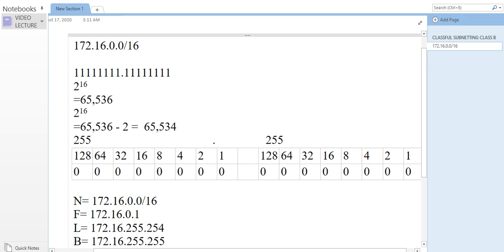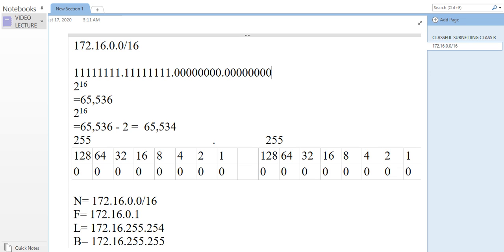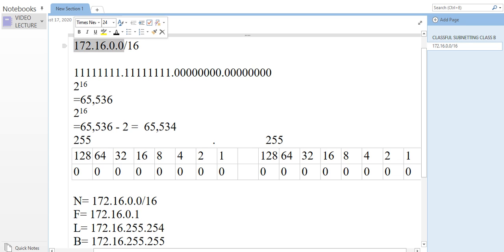So that is how your address looks, 8 bits dot 8 bits, this is the network. Now the number of bits that are part of the network is this 16, and the number of bits that are part of the host is this 16.